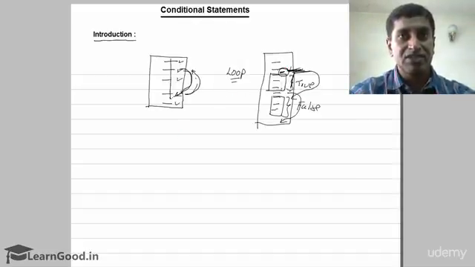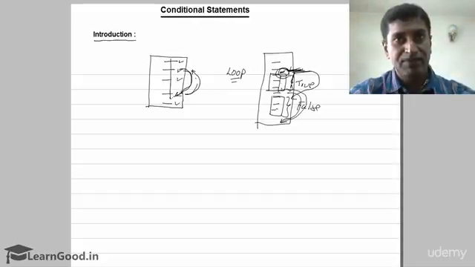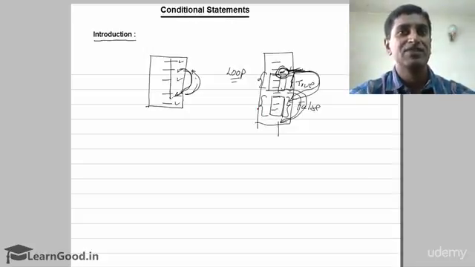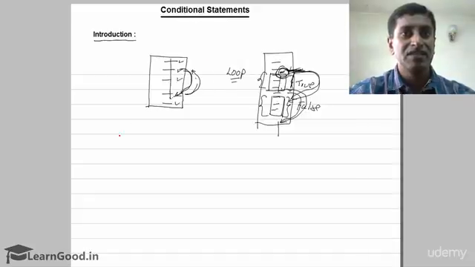If this condition is true, I want to execute and then jump. If this condition is false, first jump and then execute and then continue. So either this or this set of statements has to get executed. In such places, we'll be using a conditional statement.